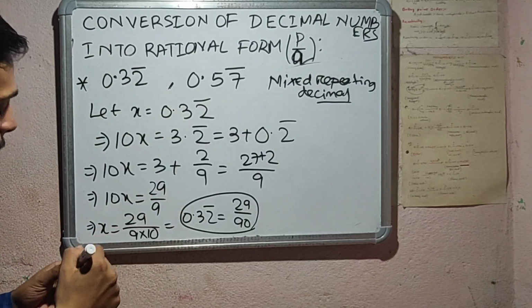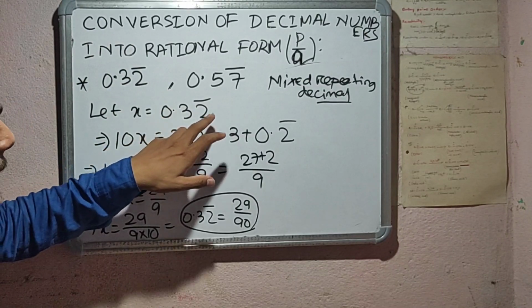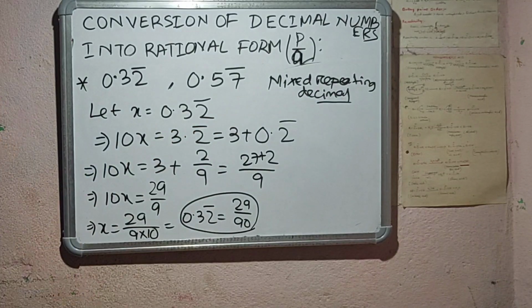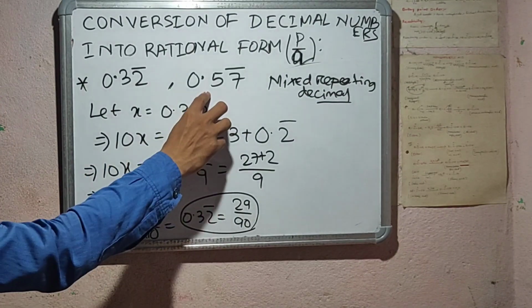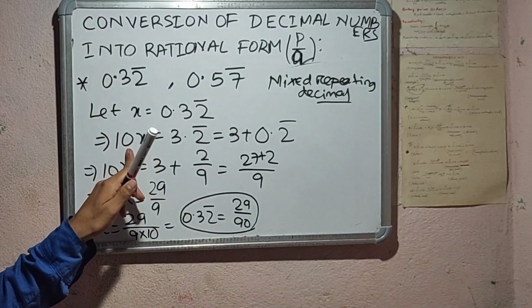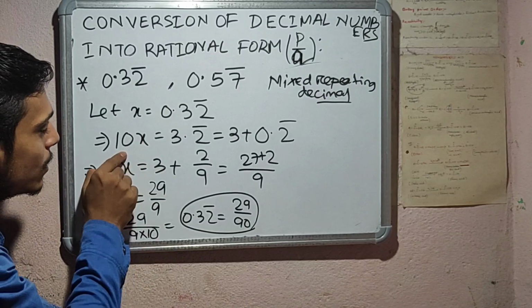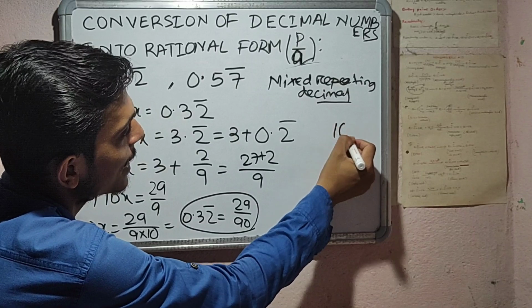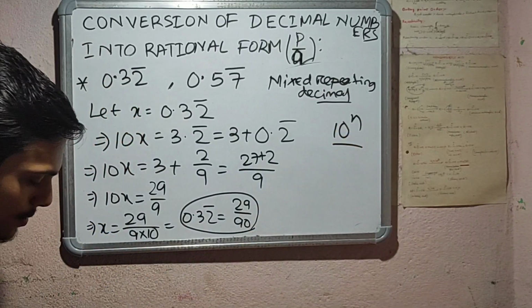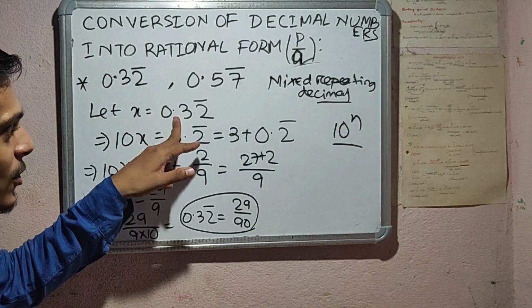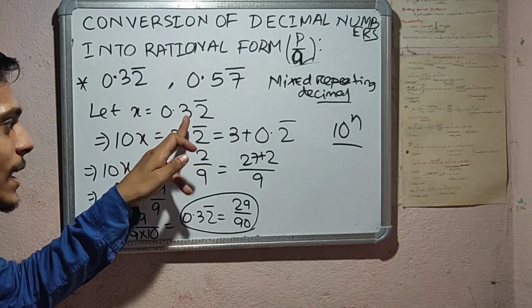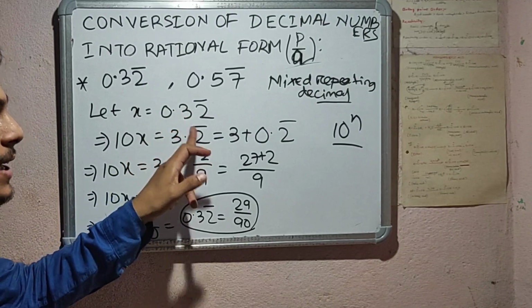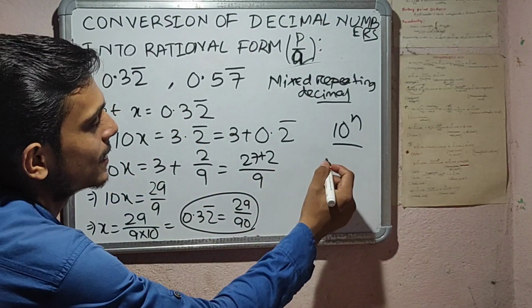So we have 0.32 with the bar on the 2, yes or no? We have to multiply first by 10 here. And why do we multiply by 10? There is a formula: 10 to the power n. If after the decimal point only one digit is non-repeating, then you take 10 to the power 1.